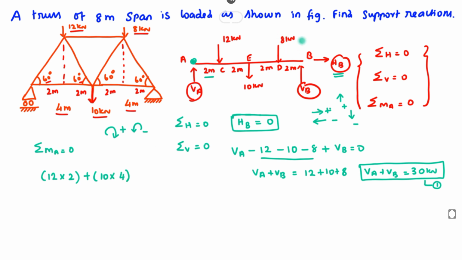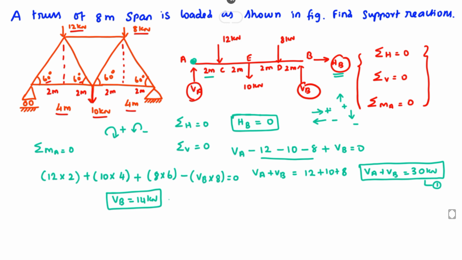Again the 8 kilonewton force is also positive, so plus 8 into 6. Then the anti-clockwise force VB, so minus VB into the total distance of 8 meter, equal to 0. Solving this we get VB equal to 14 kilonewton. Here the only unknown is VB.